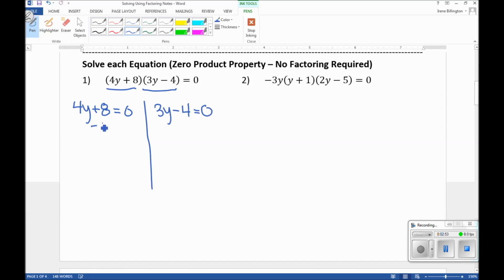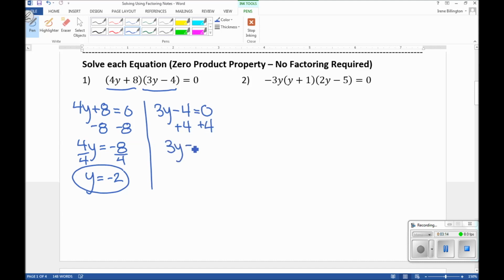For our first equation, we start by subtracting 8 from each side. So we have 4y equals negative 8. And then we want to divide each side by 4. So our first solution is y equals negative 2. For our second equation, to solve, we would add 4 to each side.